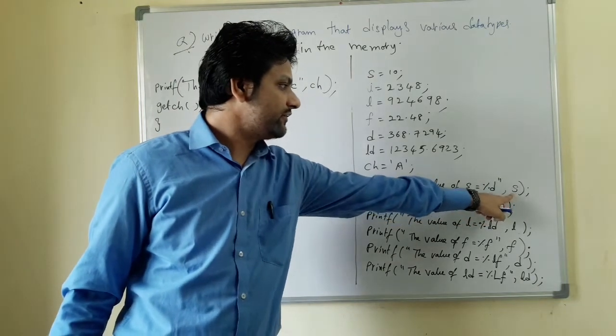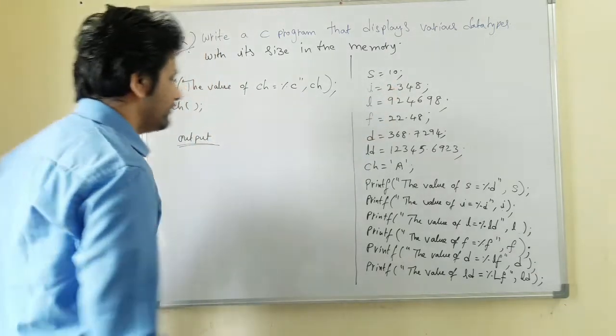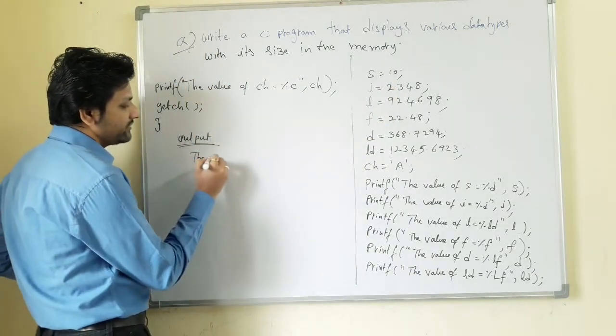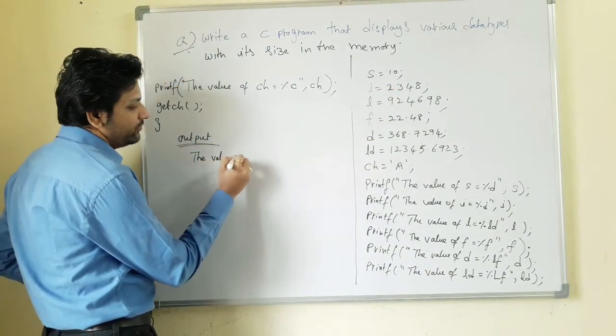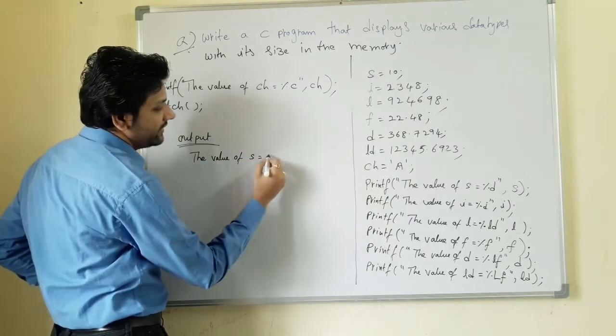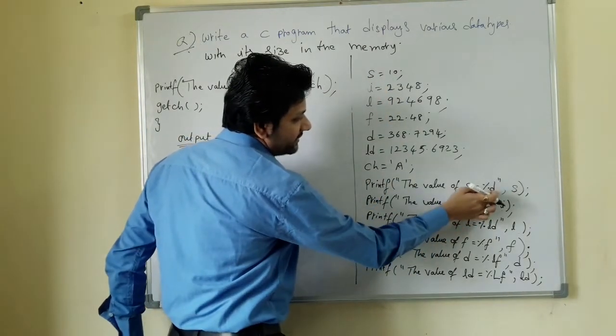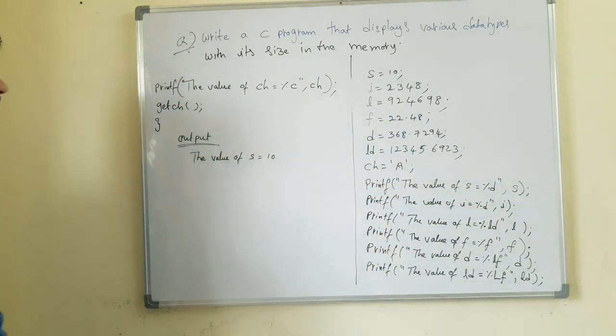That means whatever value is in s is going to be displayed here. Whatever value it is, this 10. So in the output, the first statement, the value of s equals, what is the value there? 10, because 10 is in s, that is going to be displayed in this particular area.